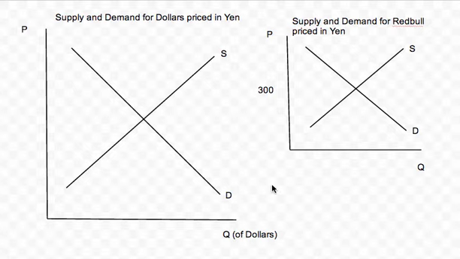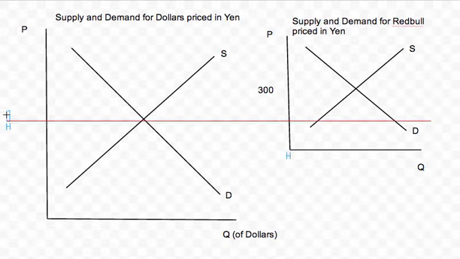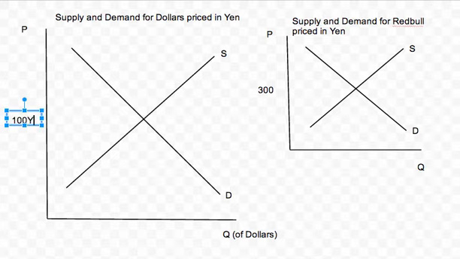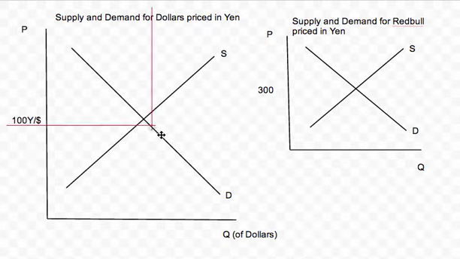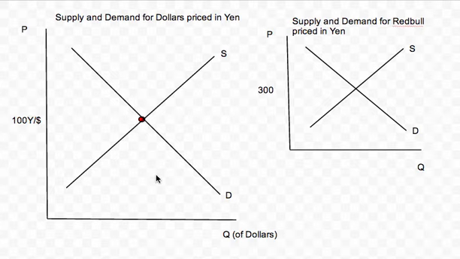Okay, so in this case we'll also put down a price of 100 yen per dollar. And again, it's always per $1. So let me put a text box here. So the exchange rate at this equilibrium, and I'll put a point here for the equilibrium.